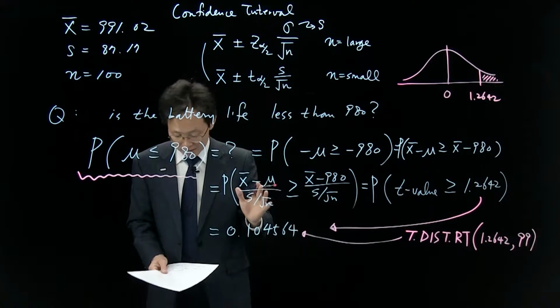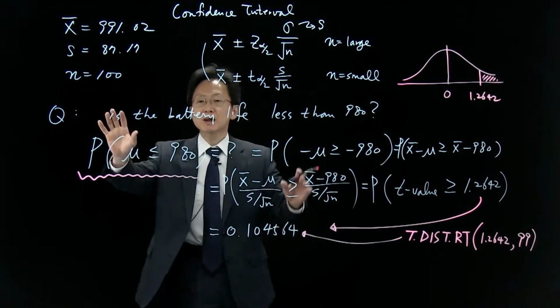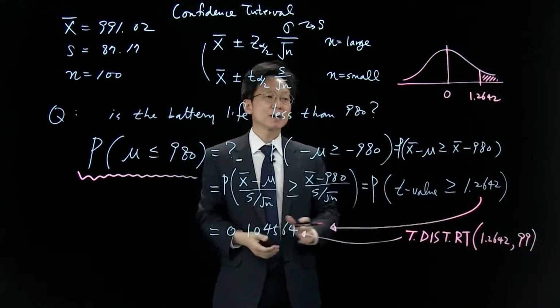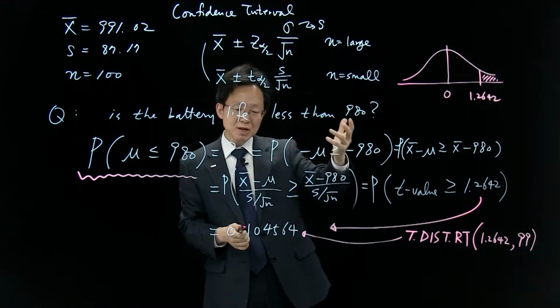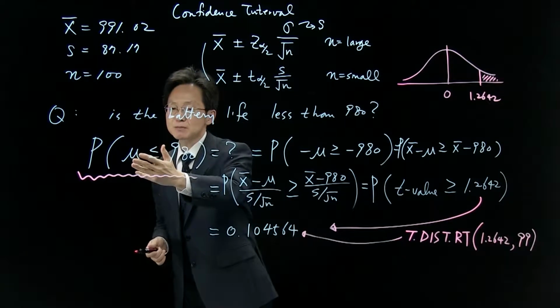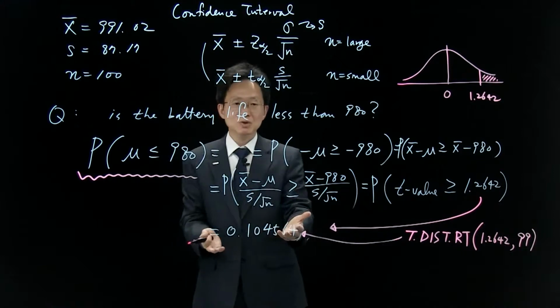You have to think about it. If someone asks us, is the battery life less than 980, we can answer that the probability that the true mean of the battery life is less than or equal to 980 is about 10%.